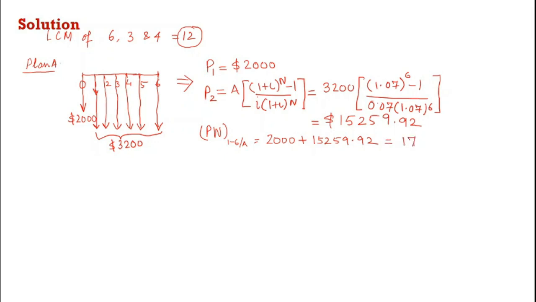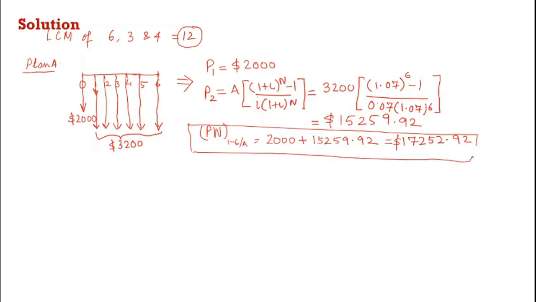This comes out to be $17,259.92. I have just calculated the present worth of plan A for 6 years, so this will be the present value of the plan if the studying period or the economic life is 6 years. So just keep this in a box, we will be using it later.